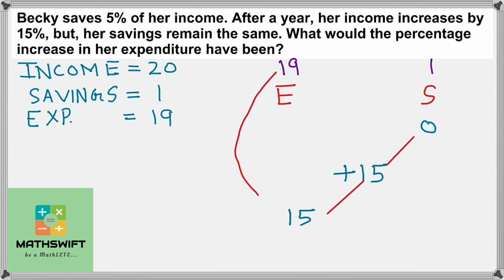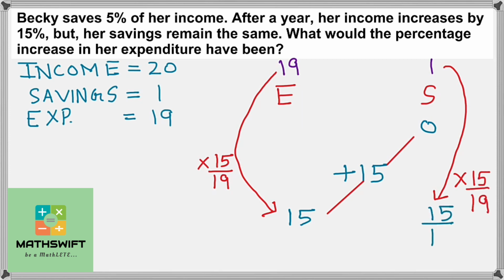If 19 corresponds to 15, that is 15 upon 19 times 1 would correspond to 15 upon 19, that is 1 into 15 upon 19. Now the percentage change in expenditure would be such that when 15 is subtracted from it, you get 15 upon 19, and that has to be 15 upon 19.